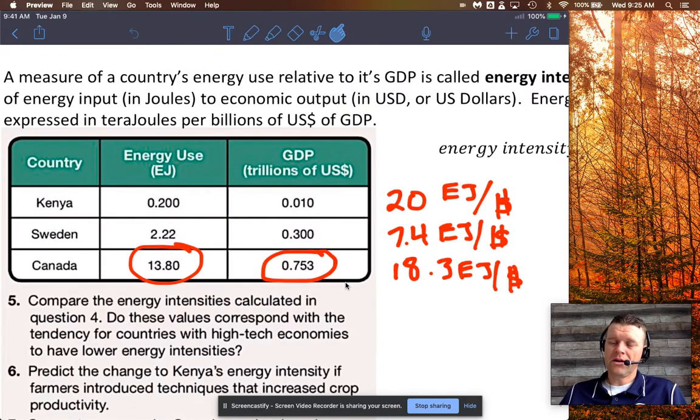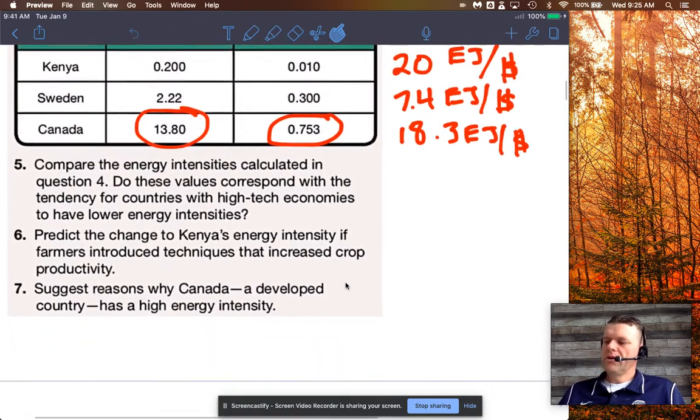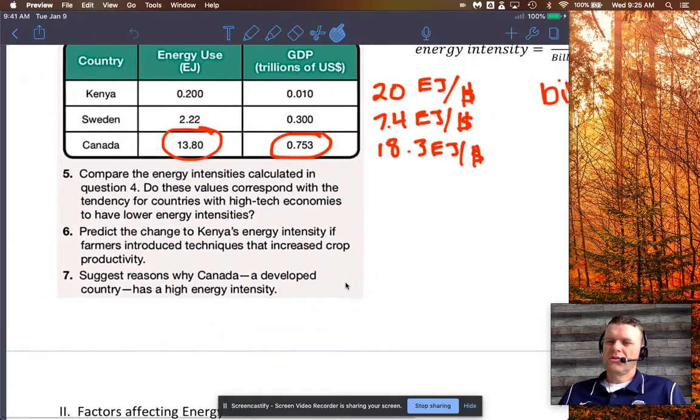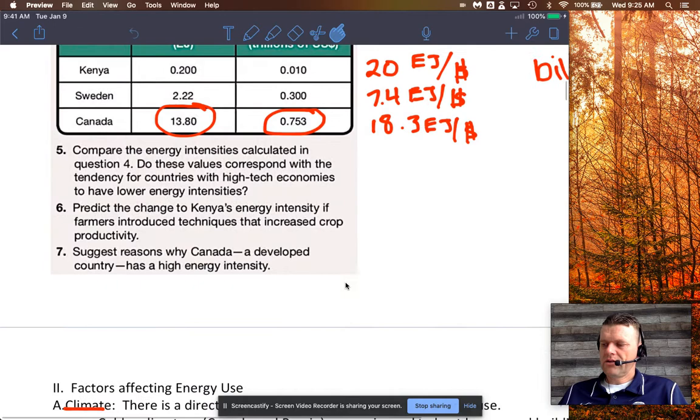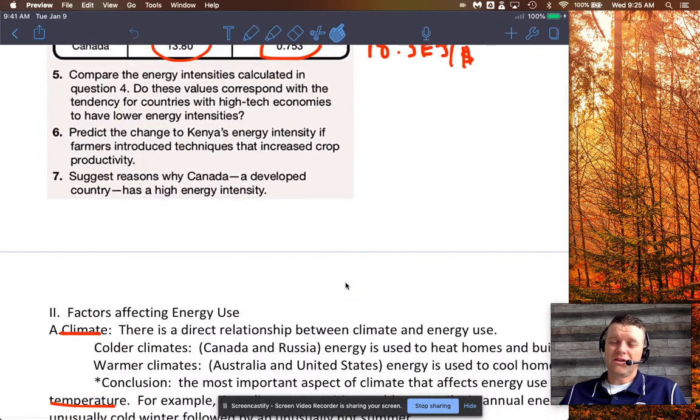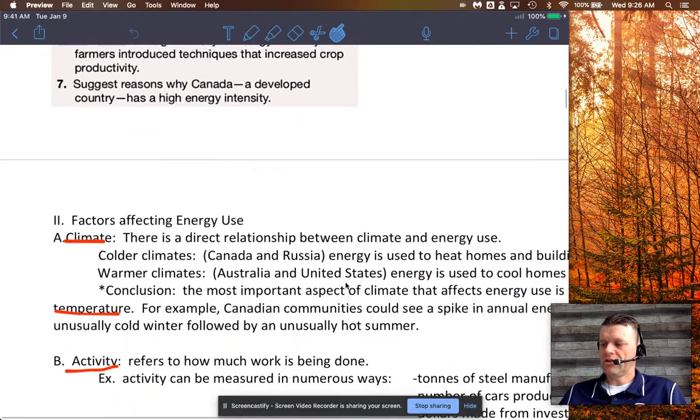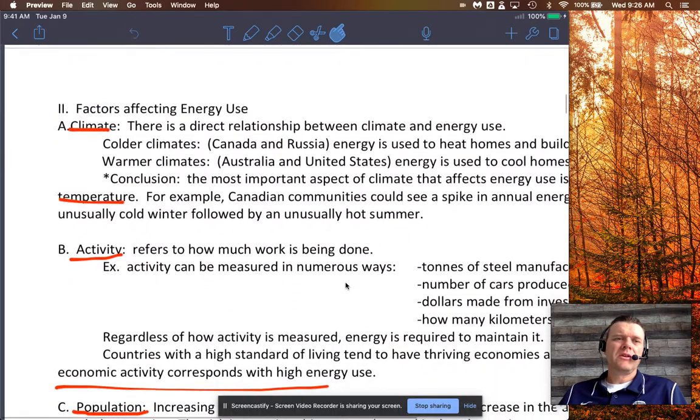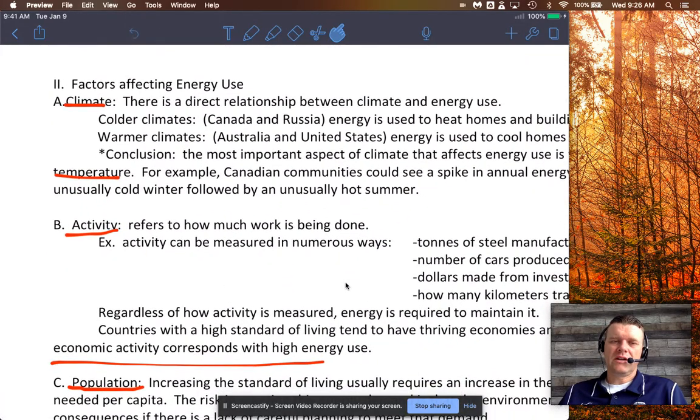So if you make more money, so on. Anyway, it's not necessarily automatic that developed countries use less energy. In fact, in most cases, they don't. I mean, the US is actually the leader on that. So you do need to know these 5 factors affecting energy use. I've already underlined them. I guess I could kind of clear those off there.